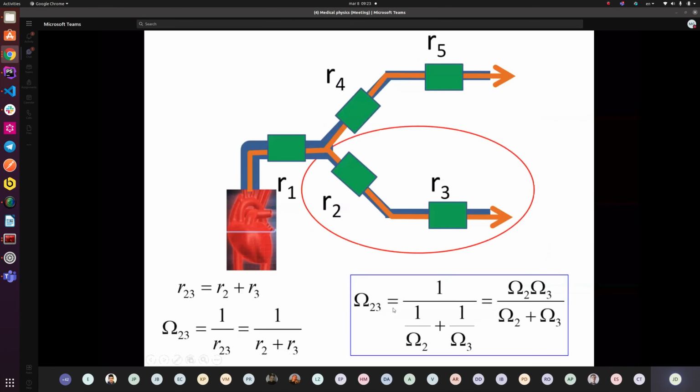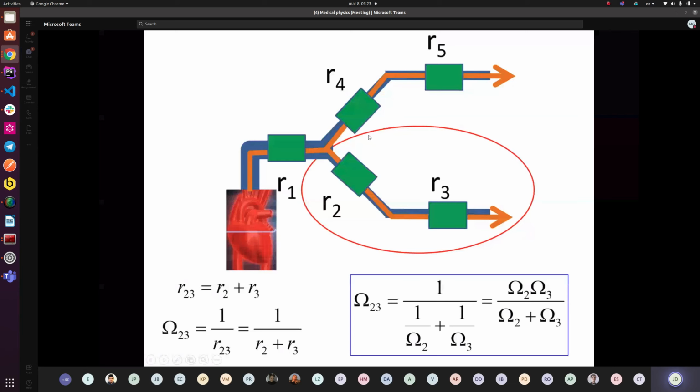So finally, 1 over omega 2 is R2, 1 over omega 3 is R3. Finally, the conductivity of this branch can be described this way.